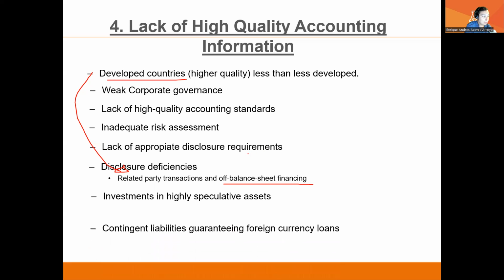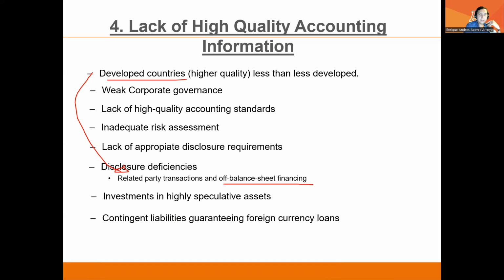Contingent liabilities, guaranteeing foreign currency loans: you might have contingent liabilities that are not properly disclosed, or you might have loan loss provisions that are not properly disclosed. All of these are risks of disclosure. The company is not disclosing enough because the accounting standard does not require it.